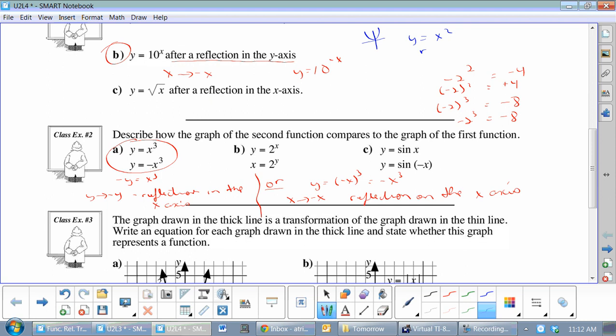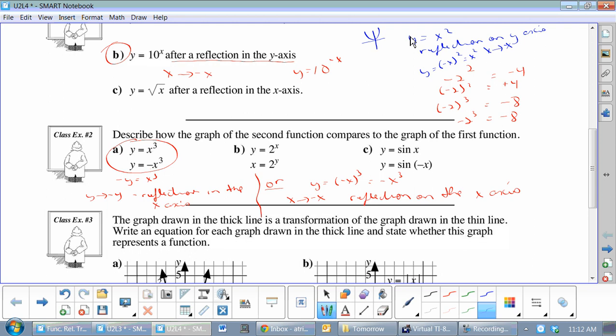We said a reflection on the y-axis would produce the same graph. So reflection on the y-axis, what gets replaced? X with negative x. So that would be y equals negative x squared. What is negative x squared? X squared. So y equals x squared equals y equals x squared. It's not too far of a jump to say it should produce the same graph, right?